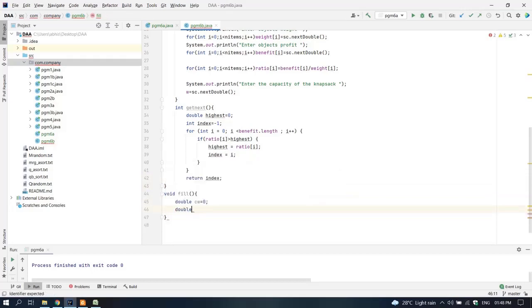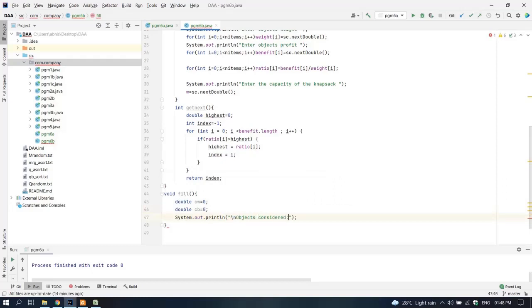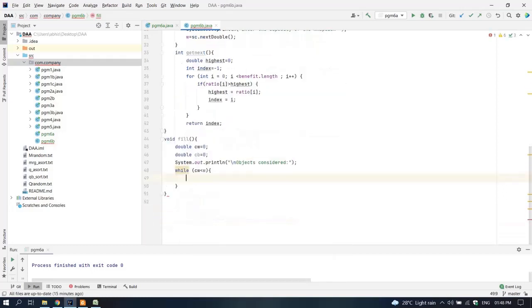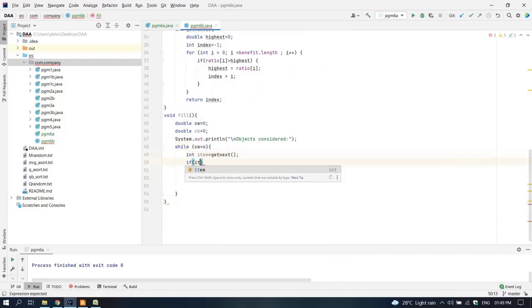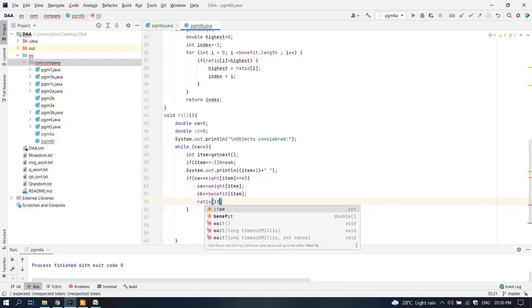Here CW is the current weight and CB is the current benefit. If item is equal to -1, that means no item is left, then we are going to break from this while loop. The ratio of this item is marked 0 so that when we call the getNext function, it will not return the same index.